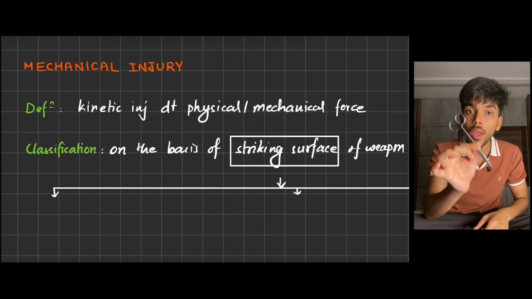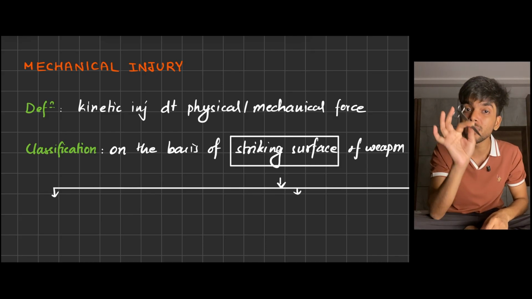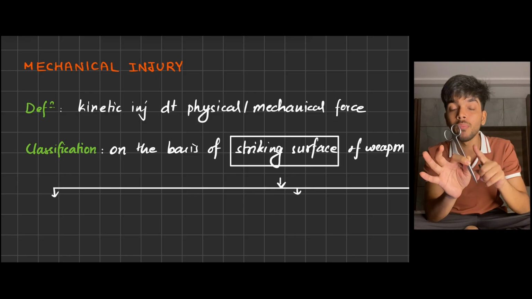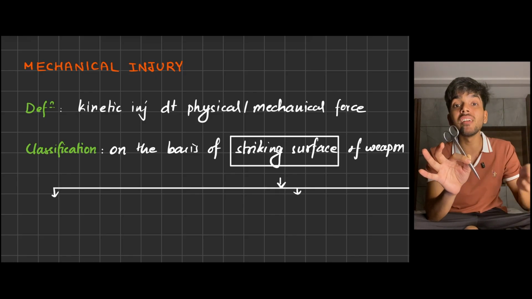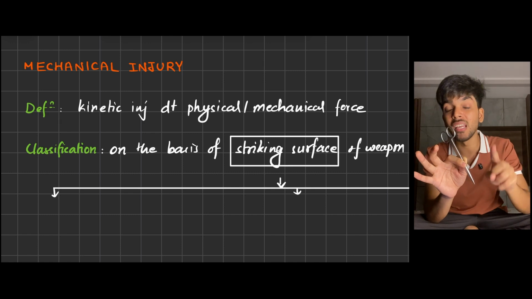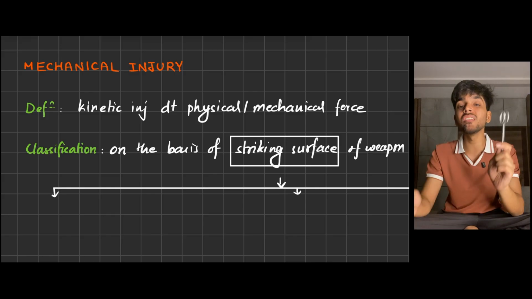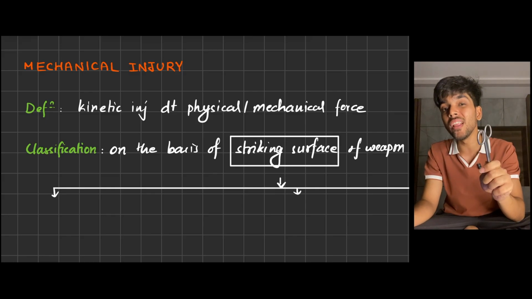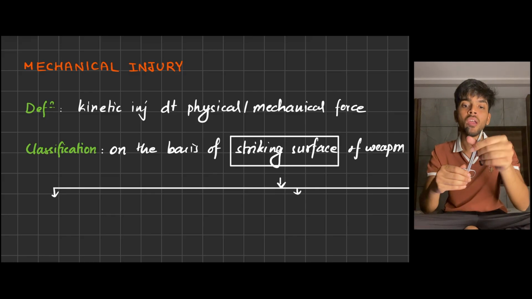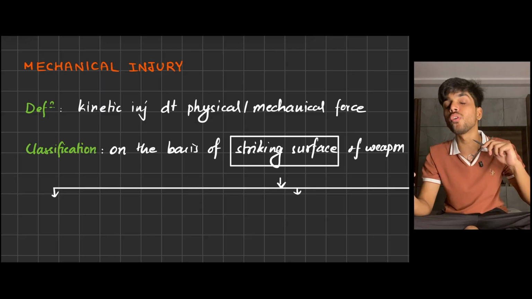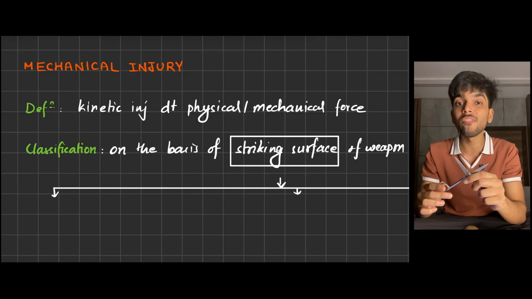So here the weapon is the same. It's the pair of scissors. But depending on the striking surface of the same scissor, you have different types of mechanical injuries being inflicted on you. So when I used the blunt handle of the scissor to strike you, you were inflicted with a blunt force injury. When I used the sharp margin of the scissor to cut your throat, it inflicted sharp force injury.